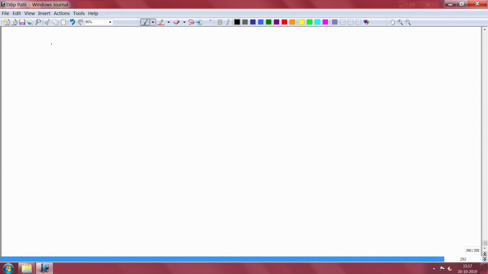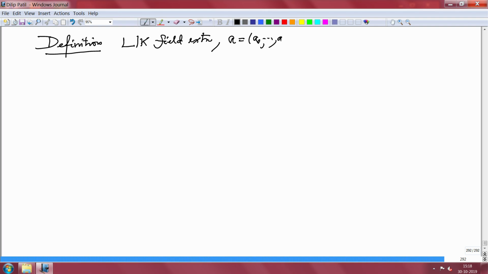So this is the definition. We have a field extension L over K, and a is a tuple a_1 to a_n in L^n.